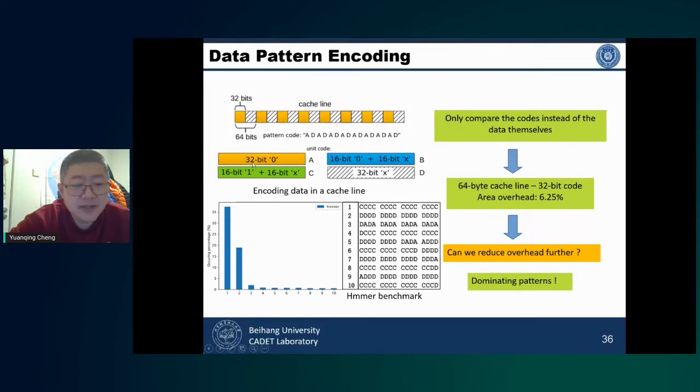The first one is that the data block has all zeros within it. Another one is that half of this block is zeros and the other half may be some other data. For case C, it has the upper half as data 1, and the other half may have some other data, either 0 or 1.